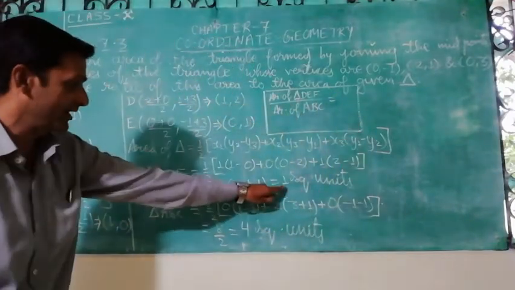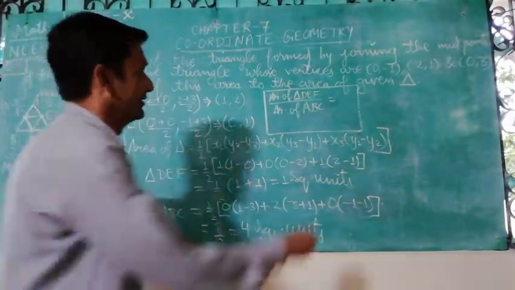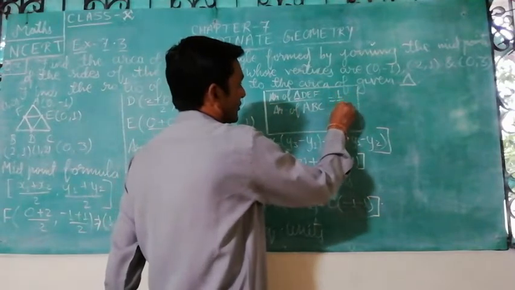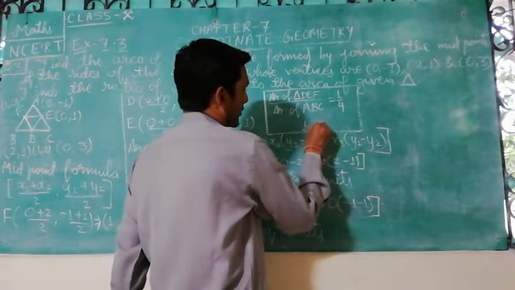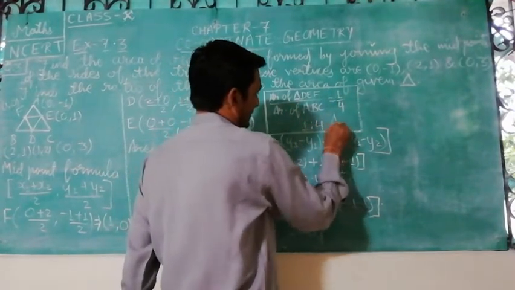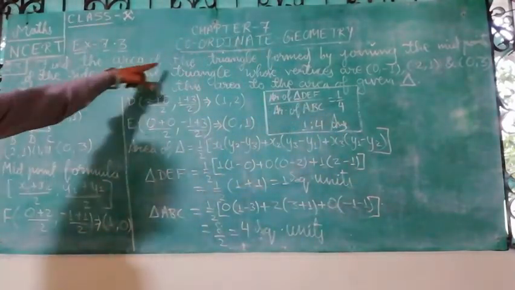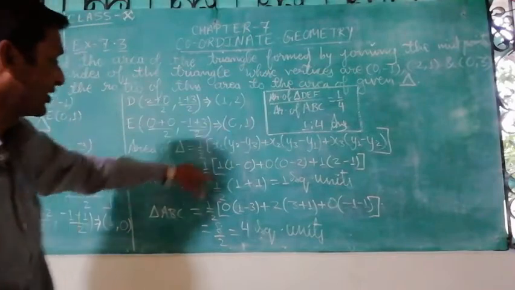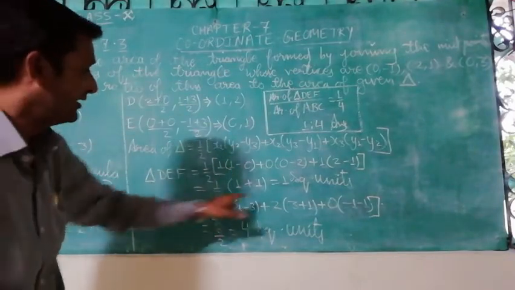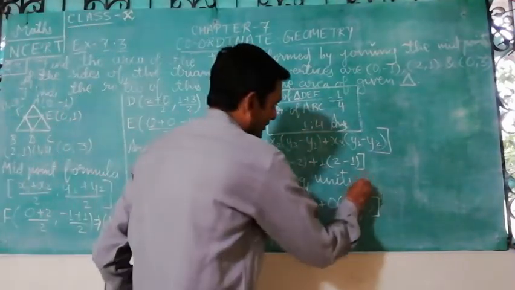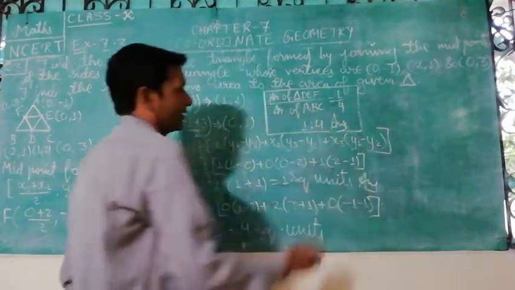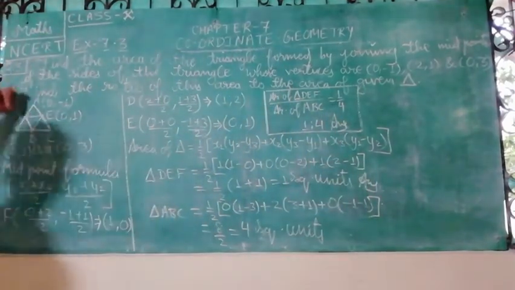We have determined 1 upon 4 it is. So 1:4 is the required answer. And this is 1 square unit, which was asked: find the area of the triangle formed by joining the midpoints. So it is the midpoint triangle. So one answer is this one and another one is this one. These are the two answers for question 3.